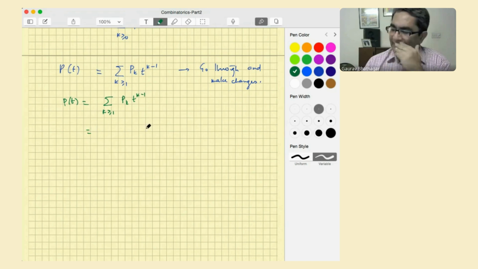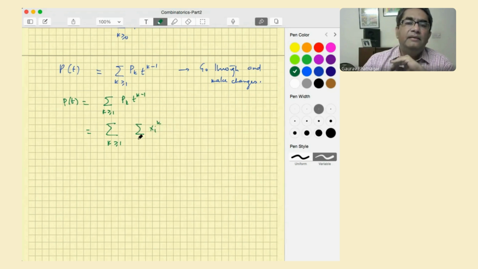So this is k bigger than equal to 1, and then pk is xi to the k, right? And it is for k minus 1.